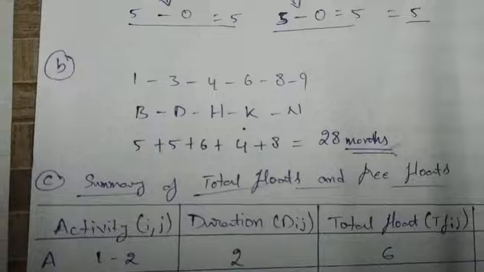And next, coming to the third question: complete total float and free float for non-critical activities. Next you have to find the total float and free float for the non-critical path. Just draw a tabular column. First one is activity, second is duration, third is total float, and the final one is free float.